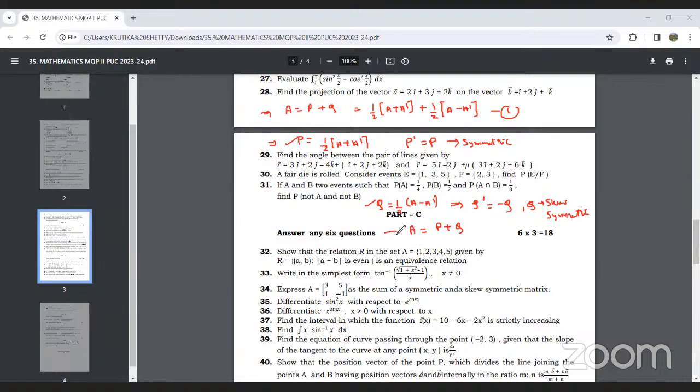And then in the third step, you need to show A is equal to P plus Q. This one you all try, it's very easy. Here A dash is A transpose. If there is any doubt in this, you can put it in the chat box, or we will discuss the next one. Okay, next example.